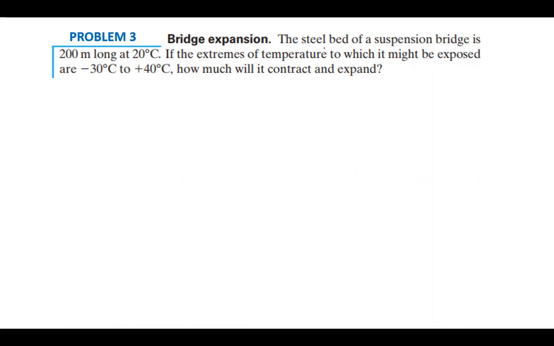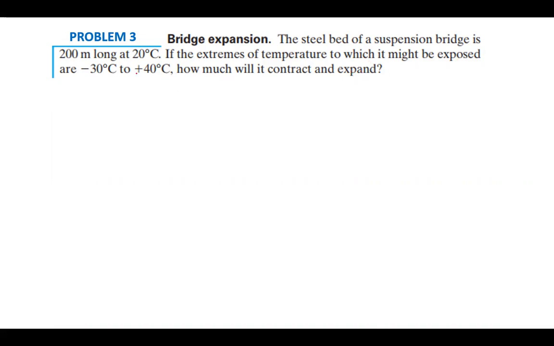The steel bed of a suspension bridge is 200 meters long at 20 degrees. If the extremes of temperature to which it might be exposed are -30 and +40 degrees, how much will it contract and expand?